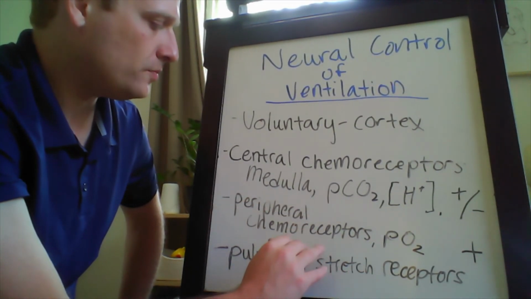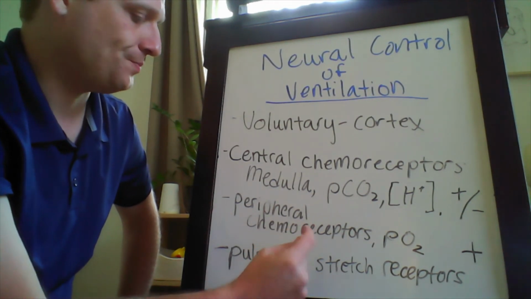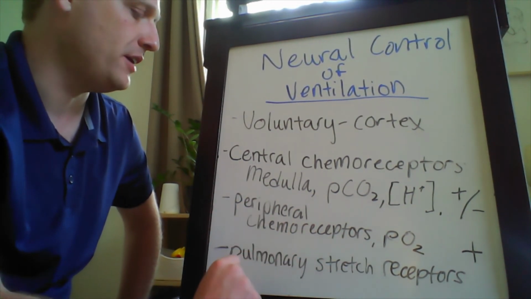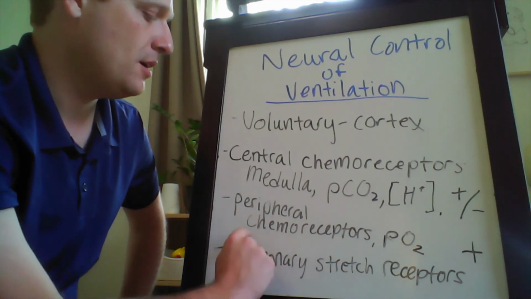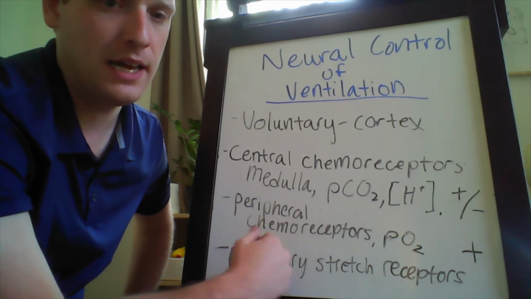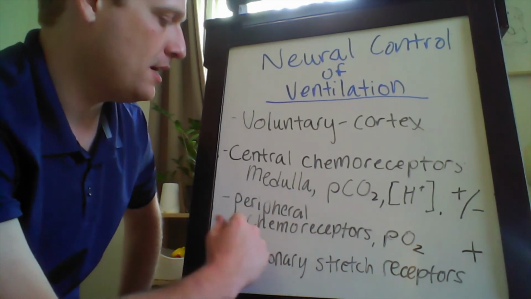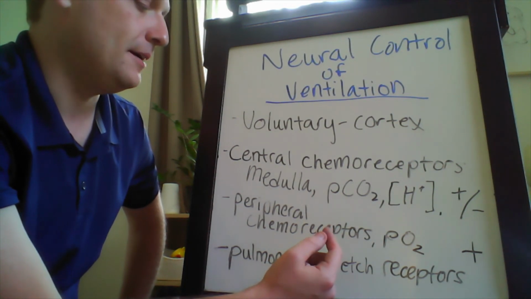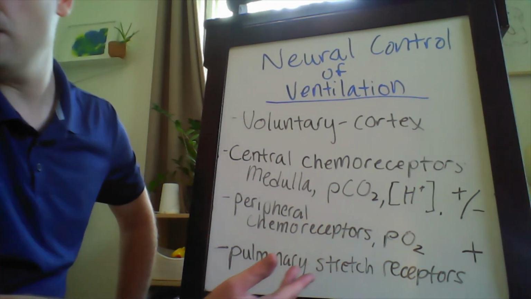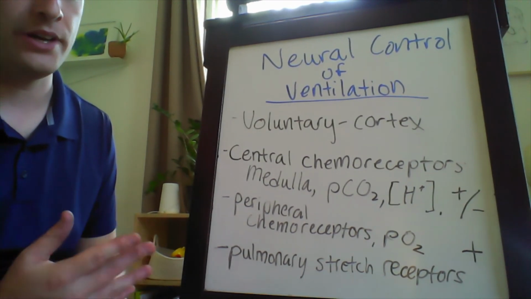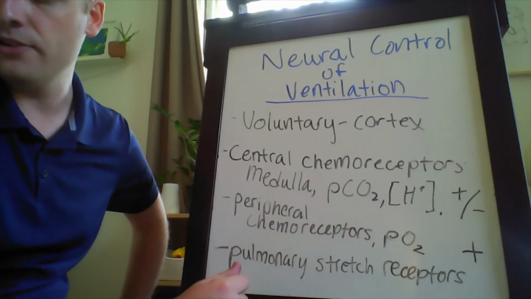So the second type of neural control over the ventilation is going to be peripheral chemoreceptors. So central chemoreceptors lie in the central nervous system. These peripheral chemoreceptors are going to be found on these elastic arteries, the aorta and the carotid artery.